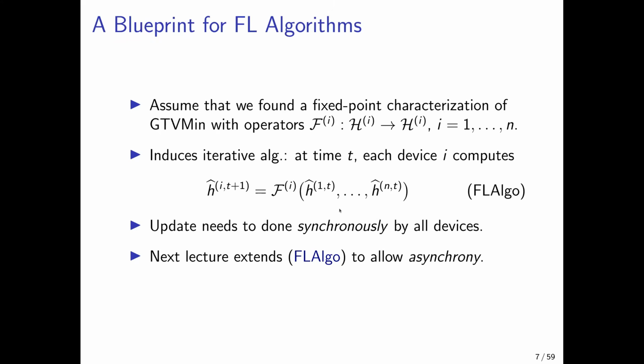So meaning that we are fixing all of the hypotheses except for the ith one and minimizing just over the local hypothesis space. And this is done synchronously for all the devices. So we call this a synchronous algorithm. And in the next lecture, this will be extended to asynchrony.